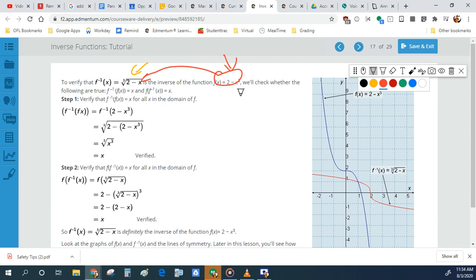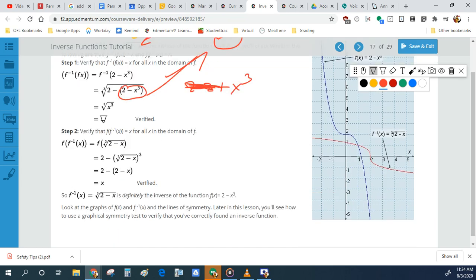So we have the cube root of x minus the cube root of 2 minus x. If we carry out the negatives, I don't like how they do this, the 2's cancel, which is the step they're not showing you. And the cube root of a cube is x. That's all that's happening there, they're just verifying it.